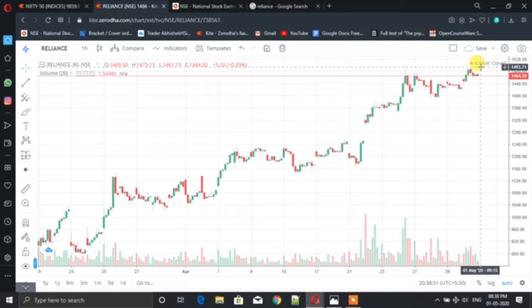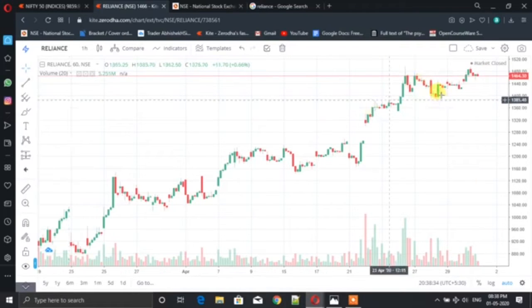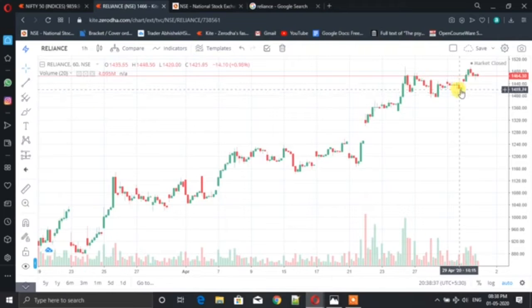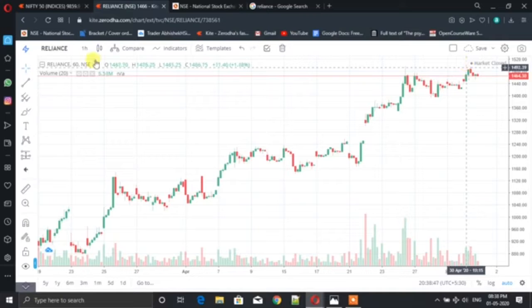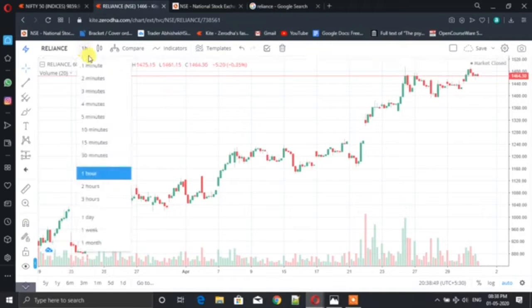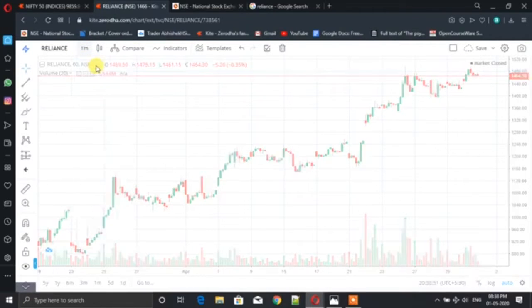It was a pretty big move actually. The day started around 1450 to 1490. It was a big move of 40 points. So let's see how one could have traded Reliance in particular.